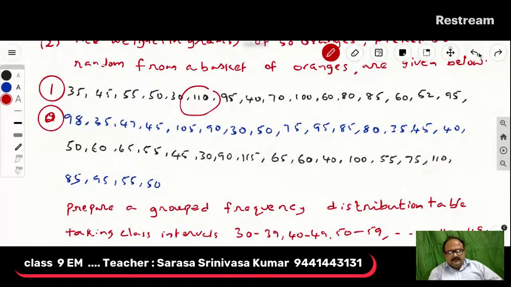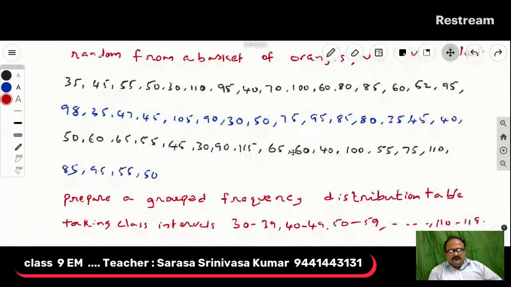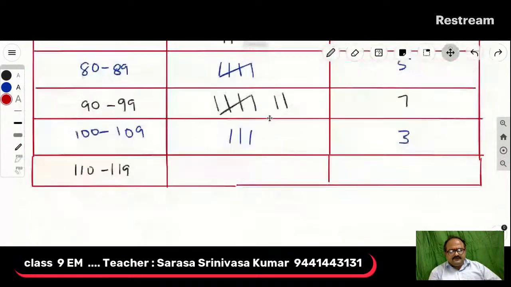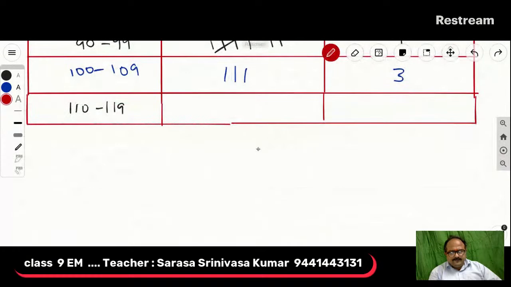Now we write the frequency and the tally marks for this class interval. The frequency is 3. The tally marks are written as 1, 1, 1.